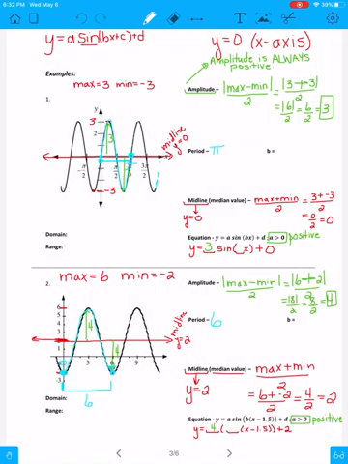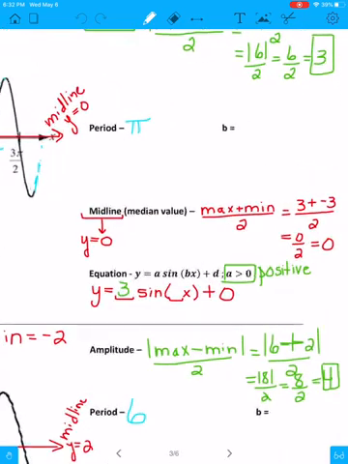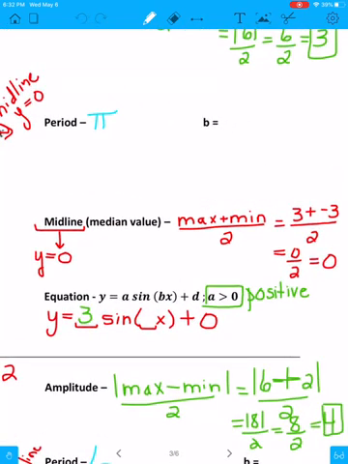So let's go to our B value. That's why it's written over here, because we actually have to do some work to get it. So our B value is 2 pi divided by the period. So we're going to go 2 pi divided by the period which we found, which was pi. Our pi's cancel, and so we're left with 2.